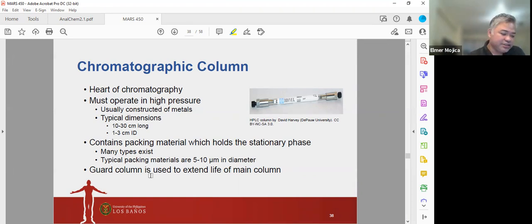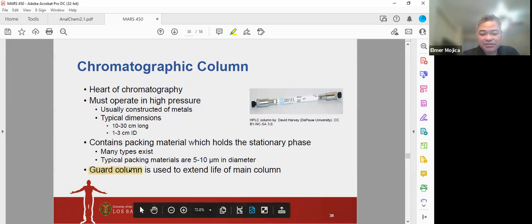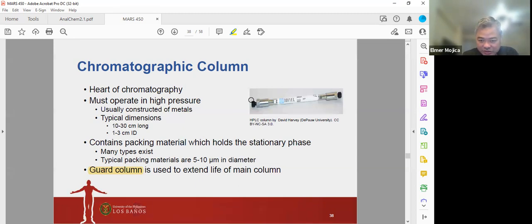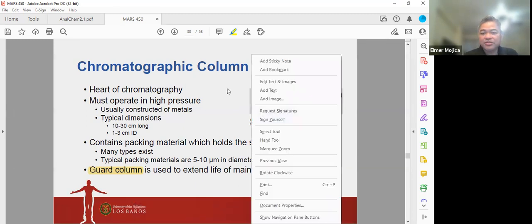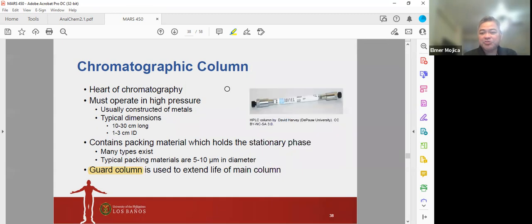The column contains the packing material which holds the stationary phase. There are many types of this packing material that exist. Typically the packing materials are around 5 to 10 microns in diameter. The guard column, the one that I told you earlier, is used to extend the life of the main column. It's an extra small column that you have before the main column to remove any contaminants.